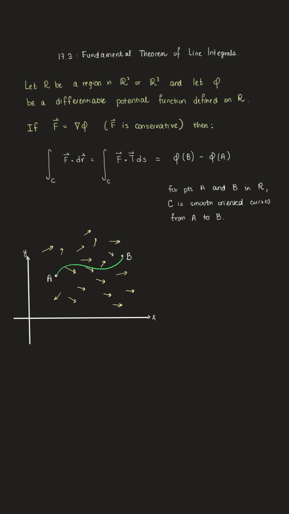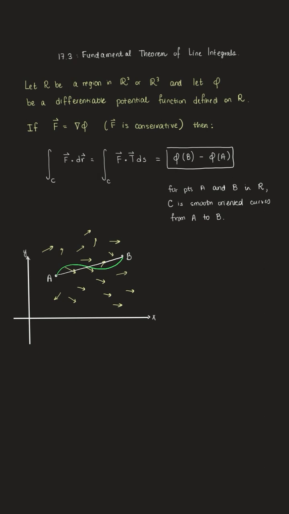And I get some value. And I pick another curve from the same starting point to the same ending point, and I'm going to get the same value, because the vector field has a potential function phi, and all I have to do is evaluate phi at the endpoints.